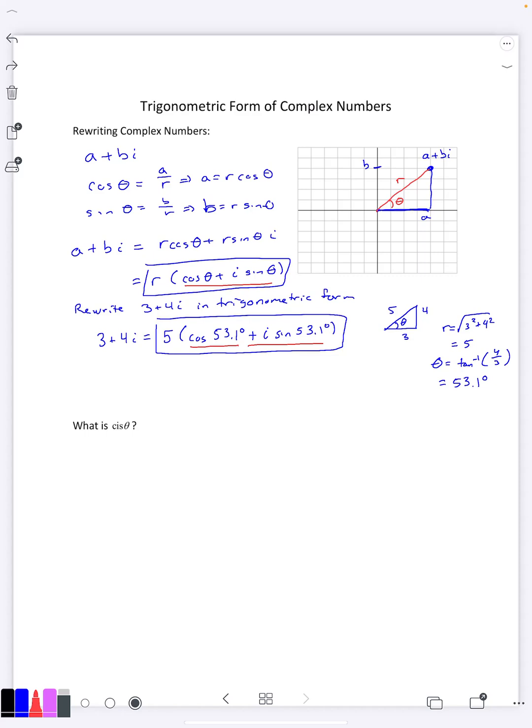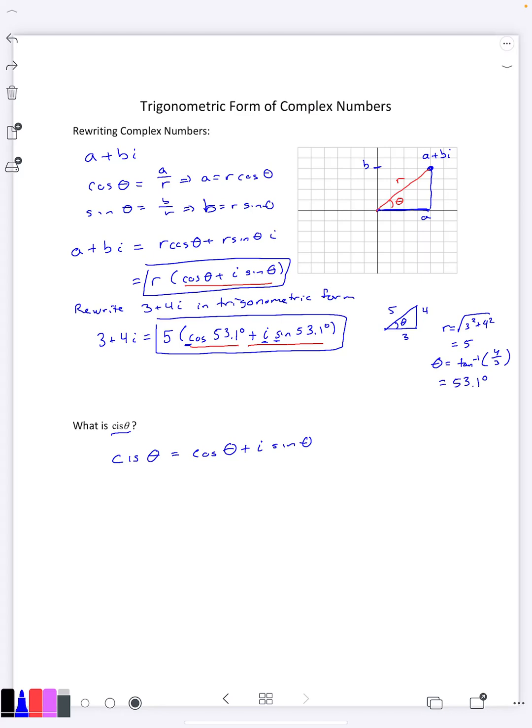And so mathematicians, since we wrote it down a whole bunch of times solving problems, it kind of got annoying. We decided to come up with a shorthand for this. And so we said, hey, cosine plus i sine, we're going to treat that as just cis. So whenever you see cis of theta, that just means cosine theta plus i sine theta.